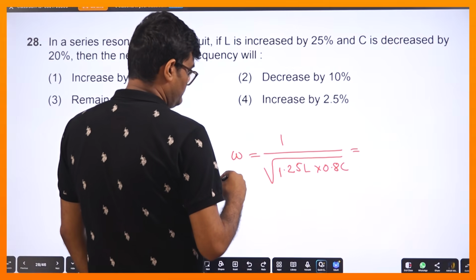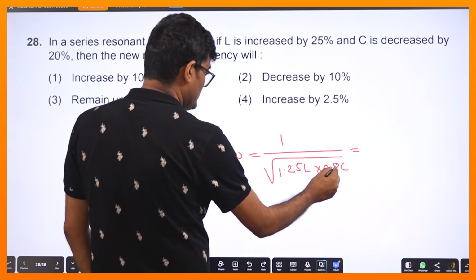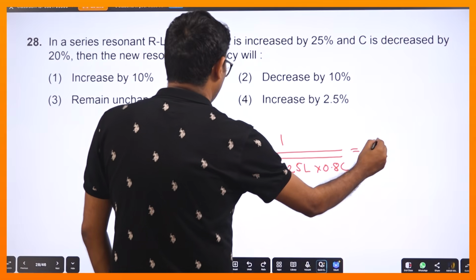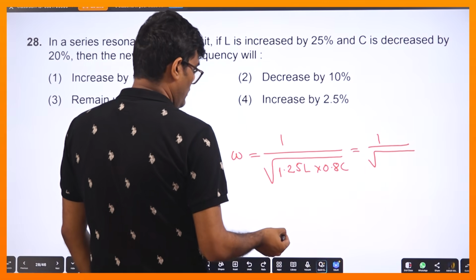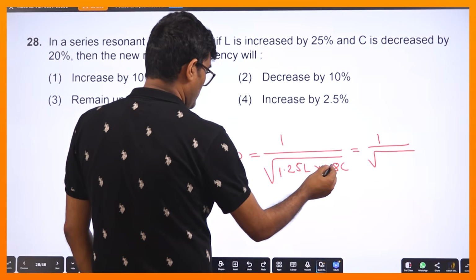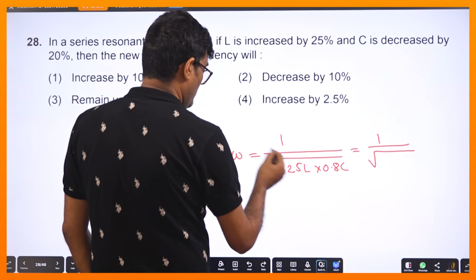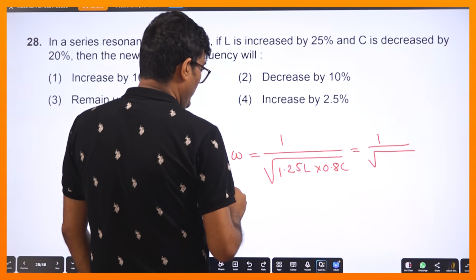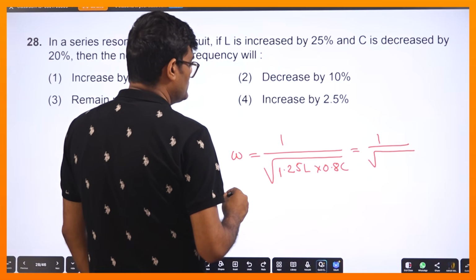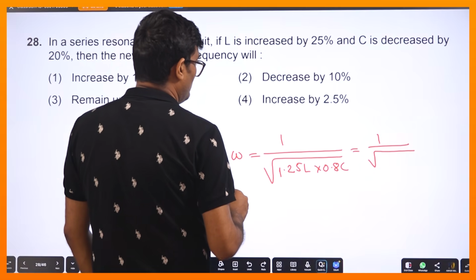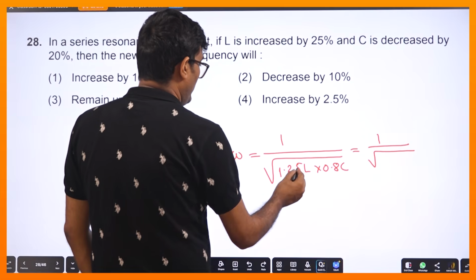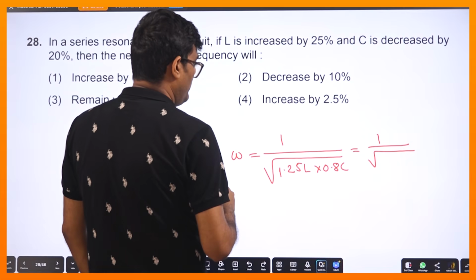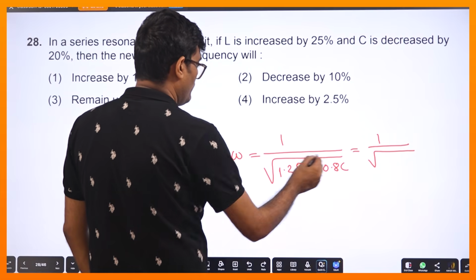It is 1 by root over of, what is 1.25? 1.25 is 5 by 4 into 8 by 10, 4 by 5.